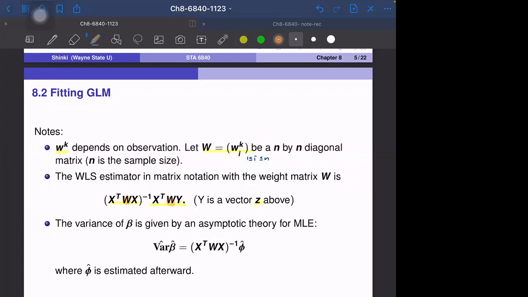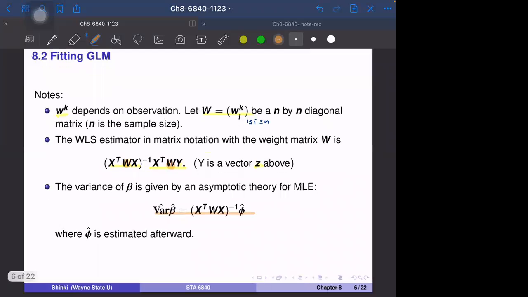Finally, once you get the best estimates for beta naught hat to beta p hat, that is the MLE, we want to estimate the variability of beta hat. That is estimated by this quantity, basically x transpose w x inverse, and if we have the parameter phi, we multiply by phi hat, which is estimated afterward.